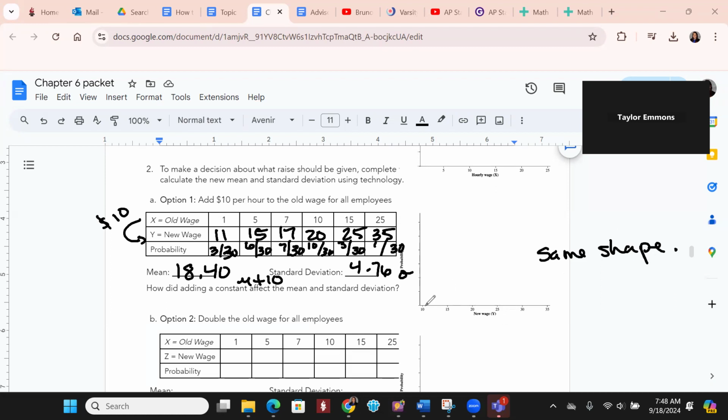So you'll still have one here. We need a label first: 2, 4, 6, 8, 10. We would have one here at 3 out of 30, and then we would have a 6 out of 30 here, and then a 7 out of 30 here.